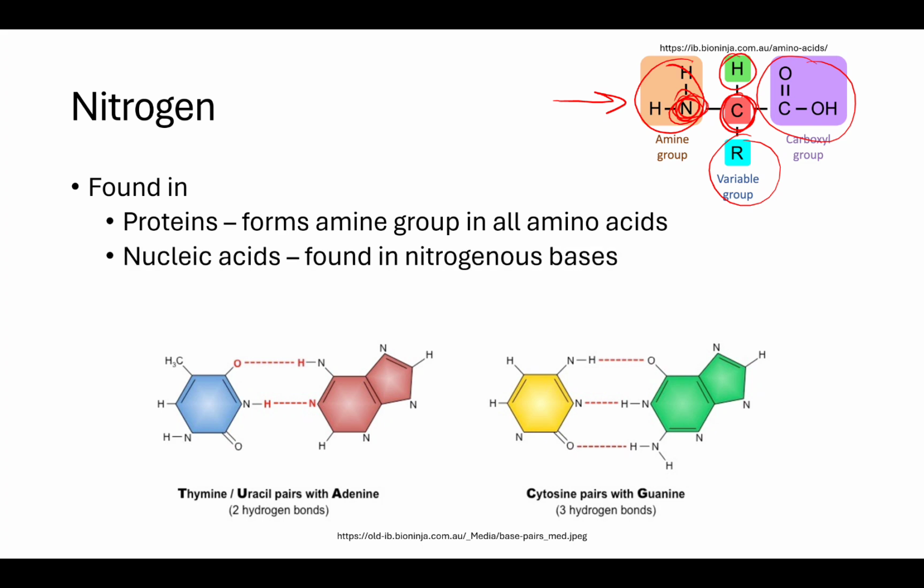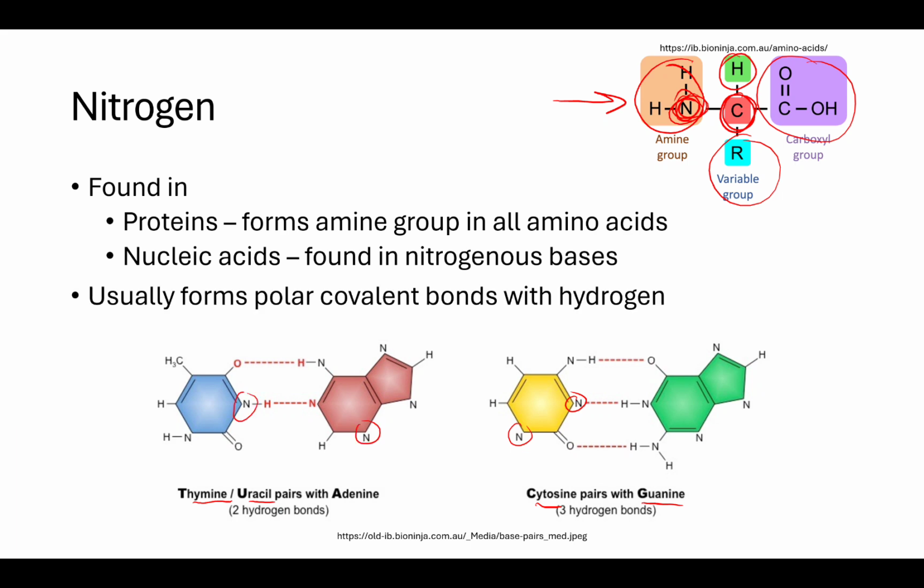Then you also have in nucleic acids the nitrogenous bases, which are pictured here. So here we have thymine and uracil, and we have cytosine and guanine, which each have a number of nitrogens in them. And then this is also important because nitrogen is another electronegative atom, similar to oxygen, though not as strong.